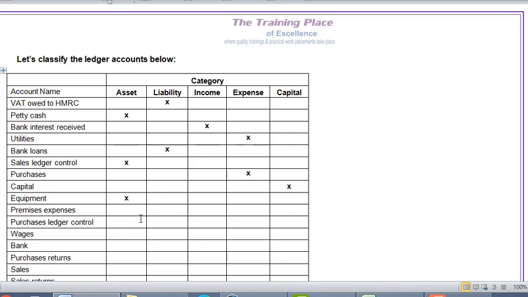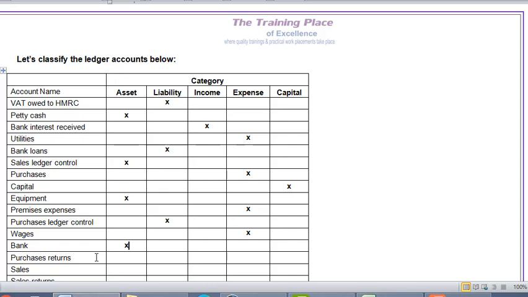Premises expenses, it gives its name away. Purchase ledger control, it's a liability. Another name for it is creditors or your trade payables. Wages, you have to pay wages again and again. That is an expense. Bank is what you own.